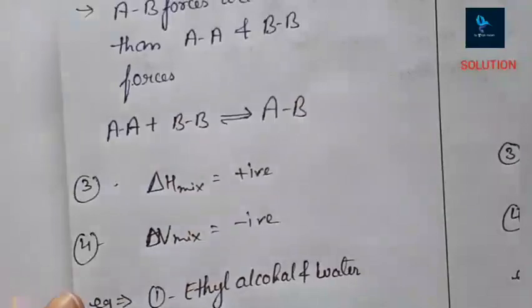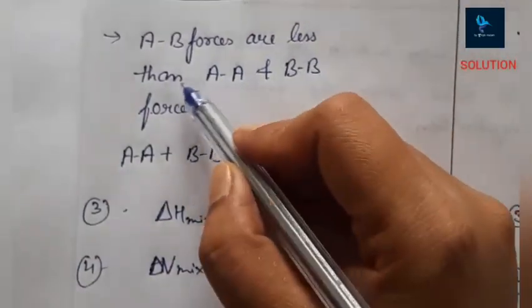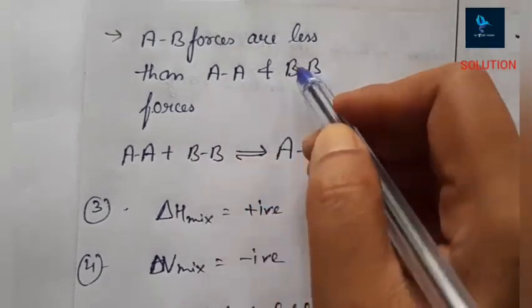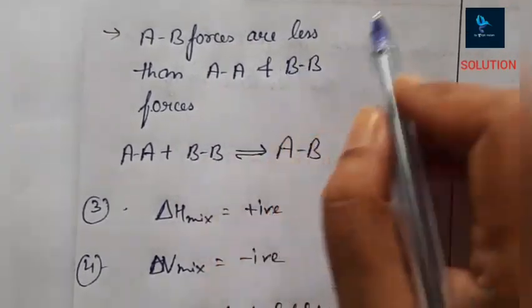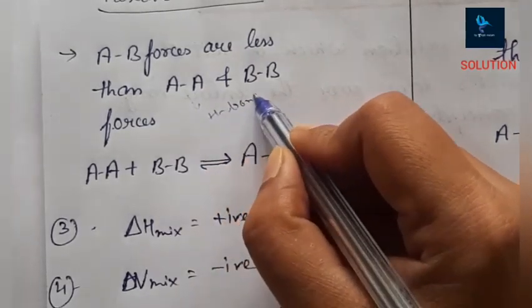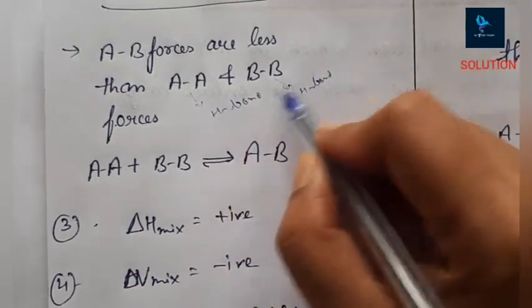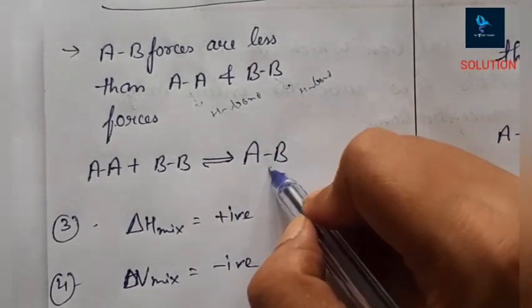For example, the AB force is less than the AA force and the BB force. AA forms hydrogen bonds, BB forms hydrogen bonds, but when they are mixed, they form a weak bond.